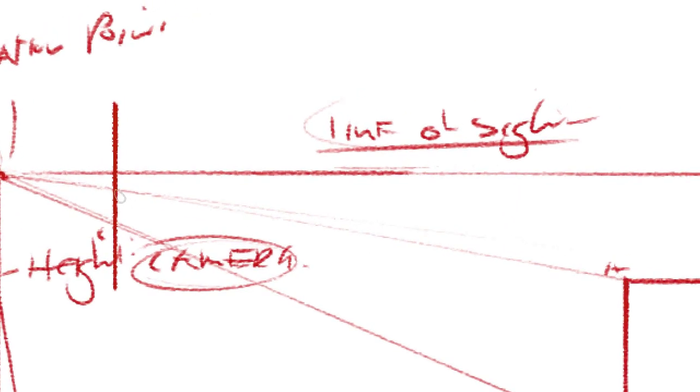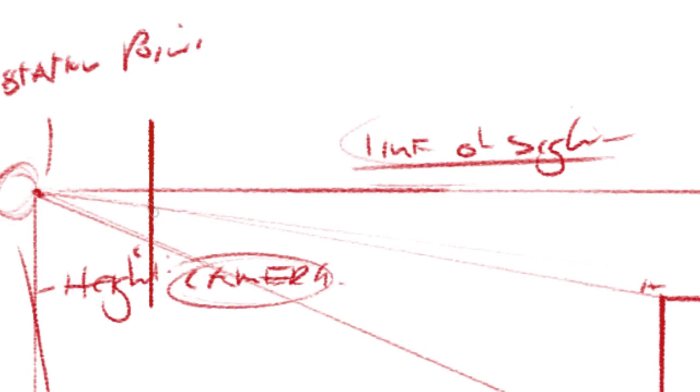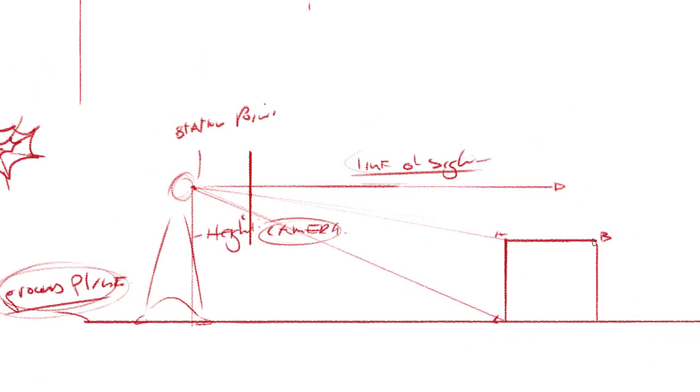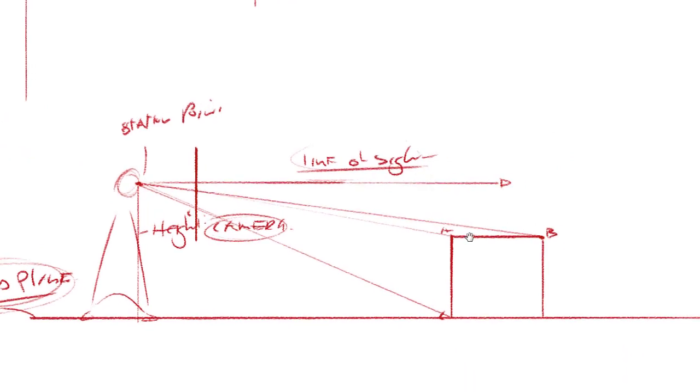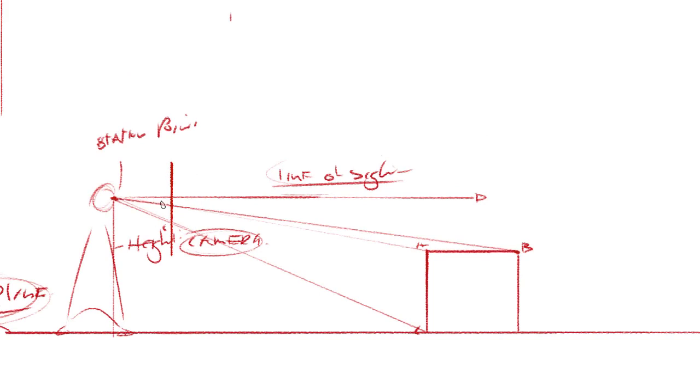Point A, it's a spot there, and point B, it's just above that. It seems like it's the same spot. Let's just make sure. Going through the same spot. It's because it's closed.